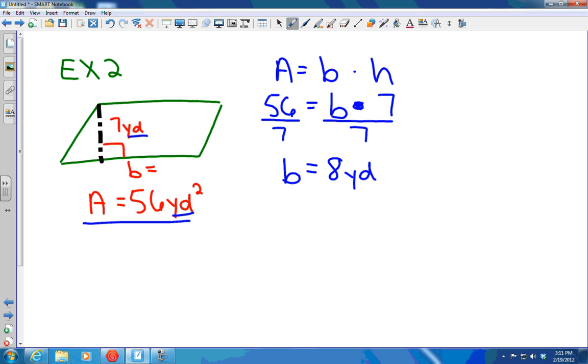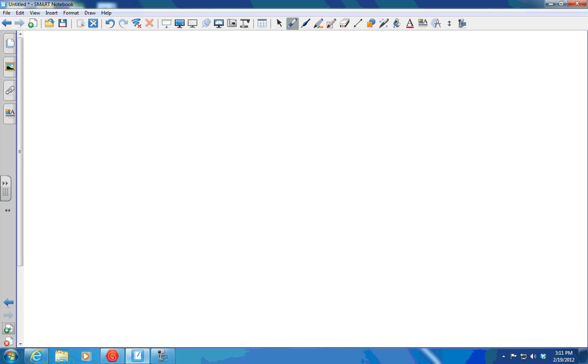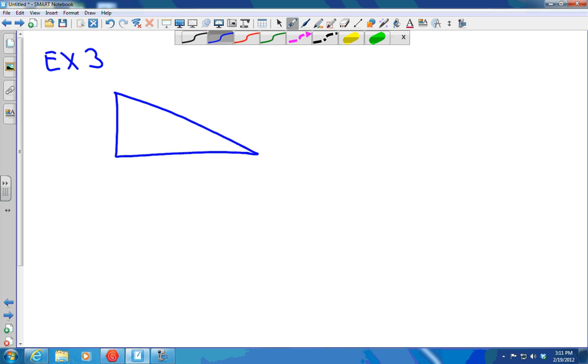All right. Let's try triangles now. So let's do the area of a triangle. This will be example 3. Let's say I have a triangle like this one, which happens to be a right triangle.